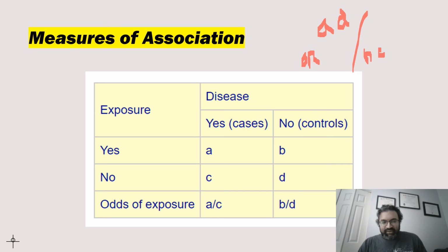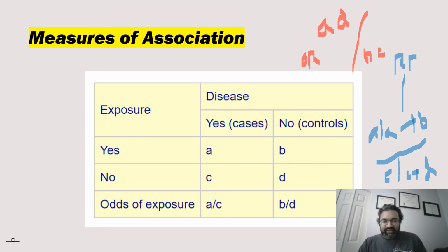Now, when you're thinking about relative risk, then that is A divided by A plus B, and then C over C plus D. And so which studies are relative risk? Prospective and retrospective. And again, odds ratios, case control and cross-sectional.